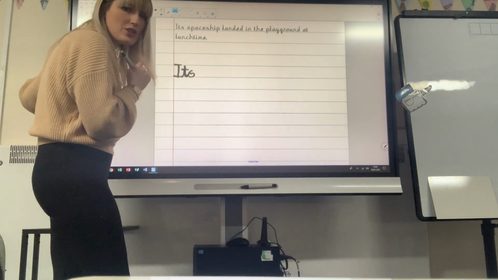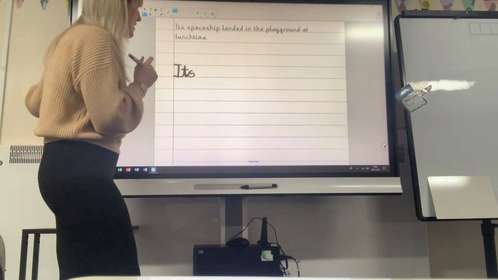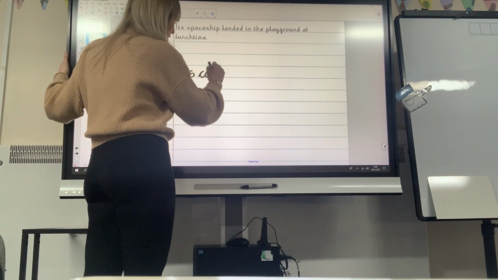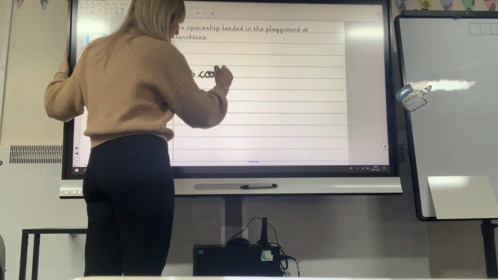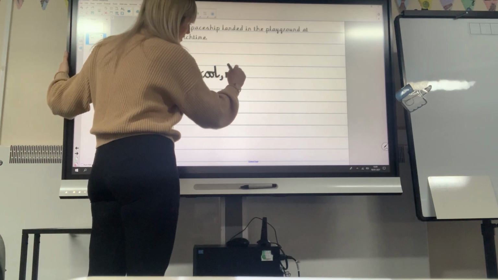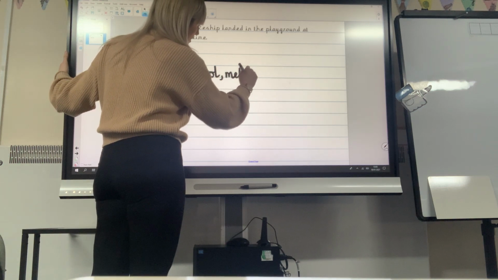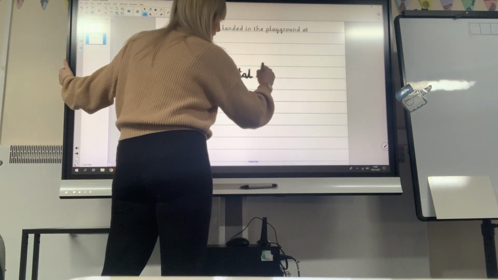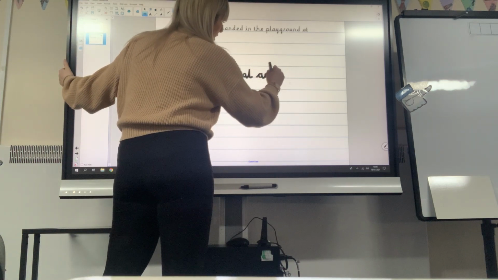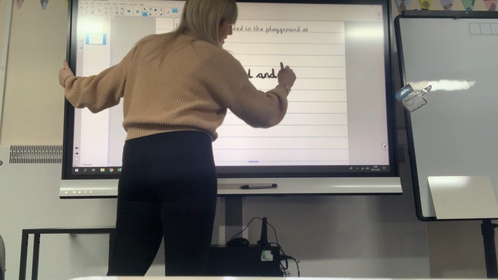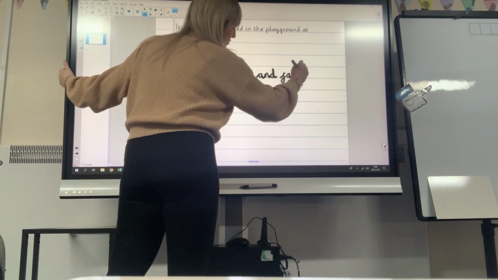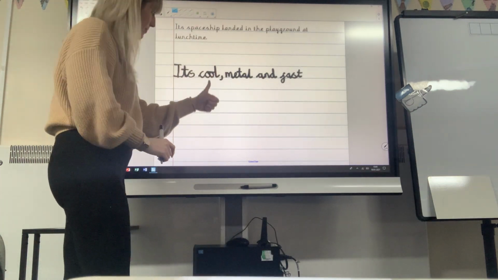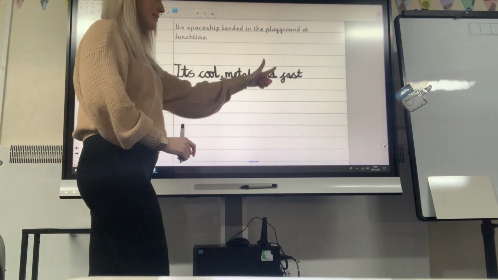Have a little think how you might describe a spaceship. I'm going to put it's cool, metal and fast. So I've chosen 3 adjectives. So I've made a list. It's cool, comma, metal and fast.